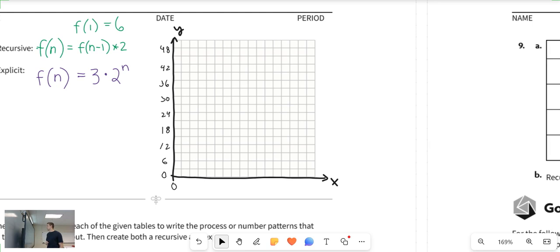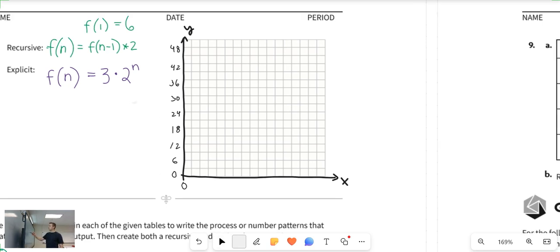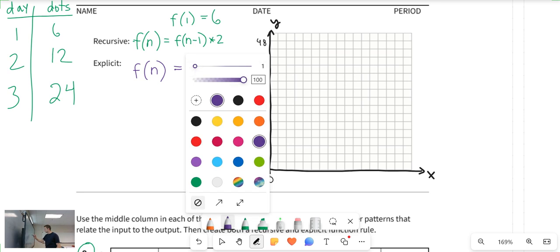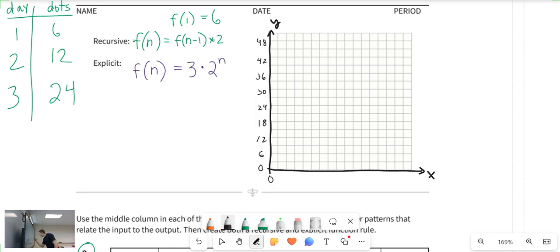All right, and we're moving over. Actually, we have some data points here. We have 1 and 6, 2 and 12, 3 and 24. So let's do that. I have not labeled my inputs yet, so we'll do that first. Let's go down here.